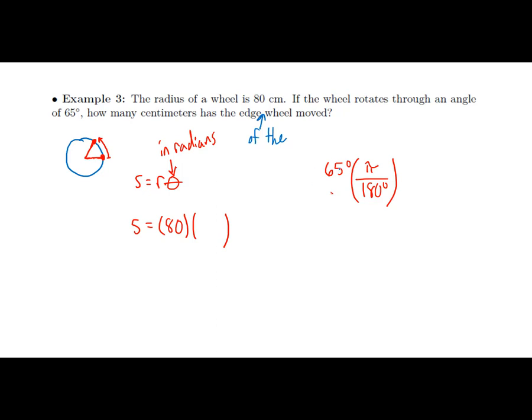And so you can easily see that you can divide by 5 on both the top and the bottom here. If I divide by 5 up here, I get 13, and on the bottom I get 36. So 65 degrees is going to be equal to 13 pi over 36 radians. All right, so that's what I'll place right here.